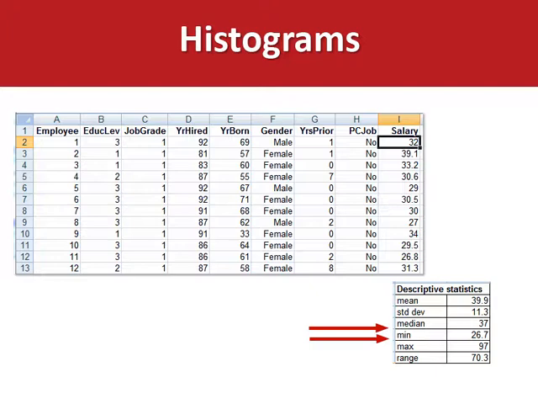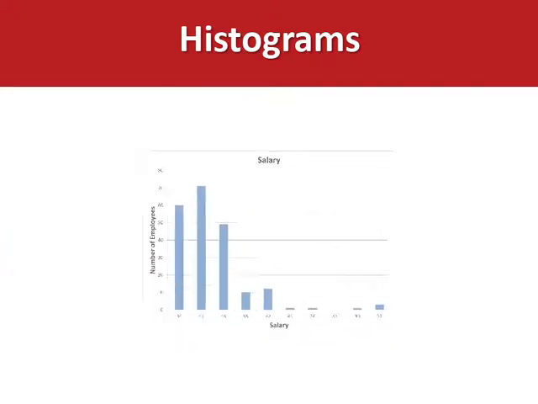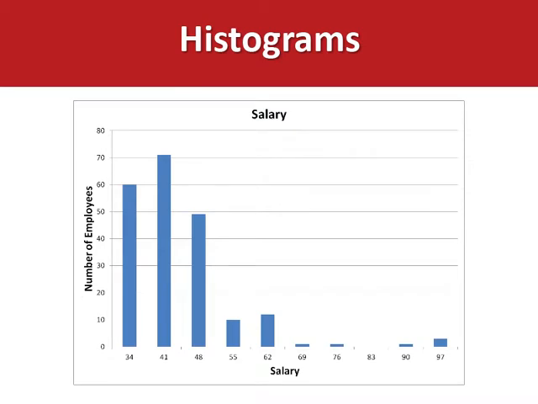As human beings, we are very good at grasping patterns when we see them visually, and perhaps a little less good at grasping patterns in tables of numbers. So what we want to do in this lesson is transform the data into what's called a histogram. Now, histograms are always the same. Along the horizontal axis, we have the variable of interest, which in this case is the salary of the bank employees.